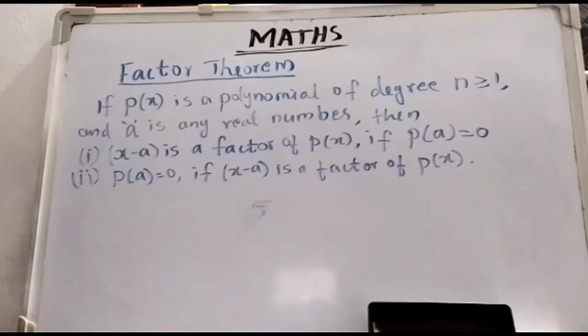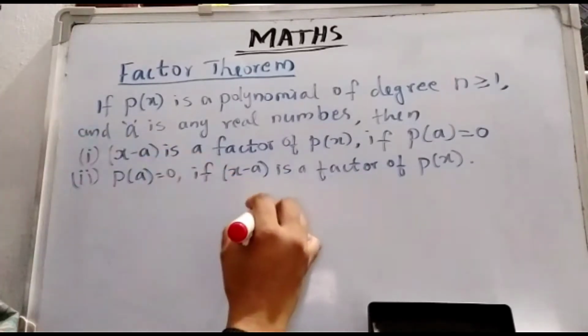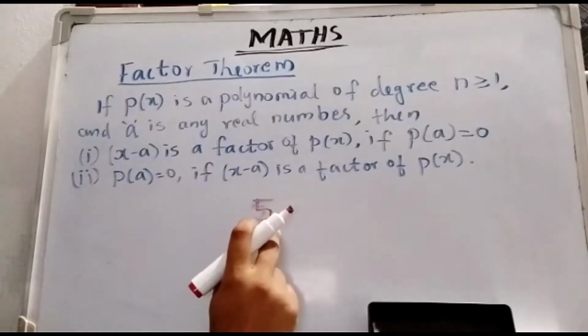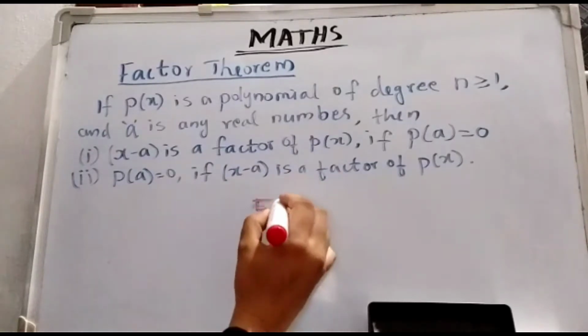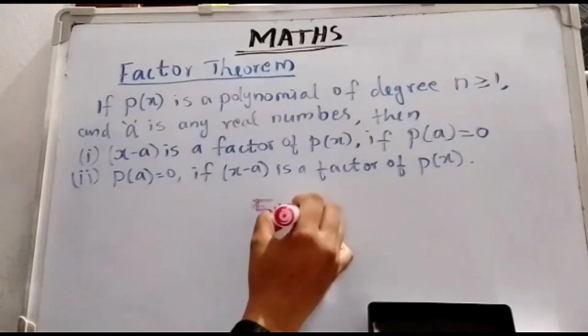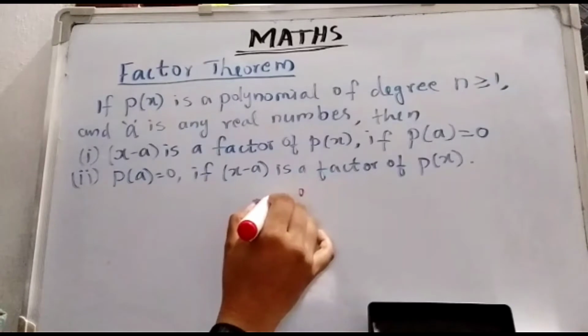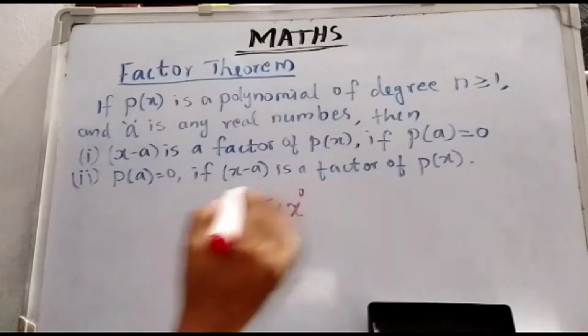Isn't it? What is the degree of this polynomial? Actually 5 is 5 into x raised to 0, and x raised to 0 is 1. Clear?